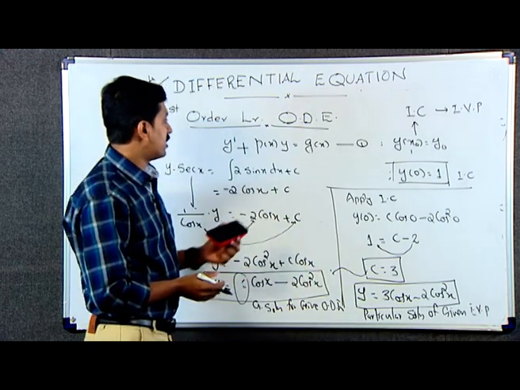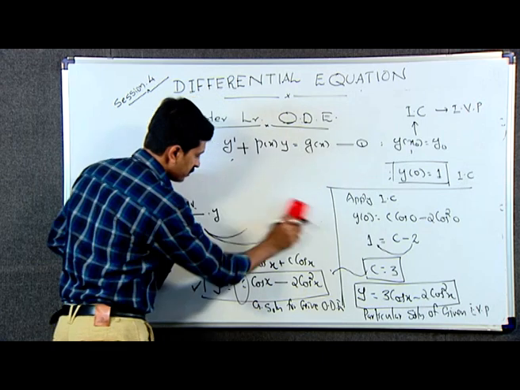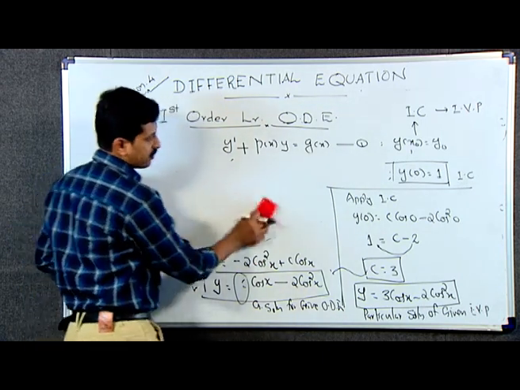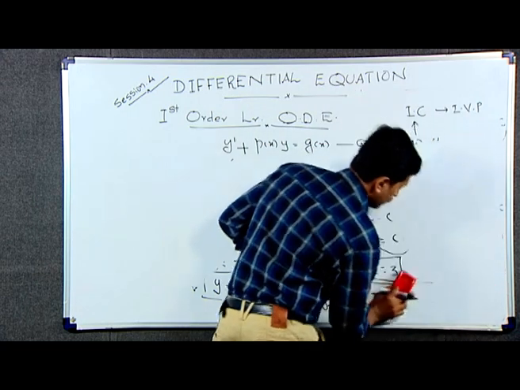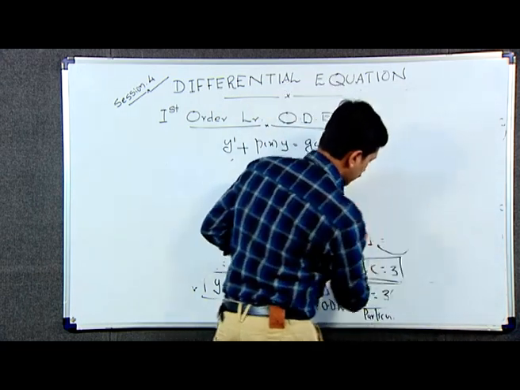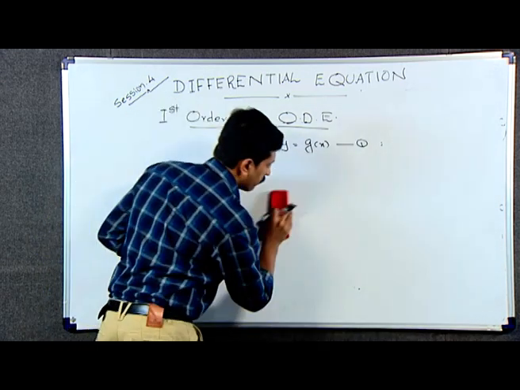Now we can move to one more question on the initial value problem. Come to the fourth question, Example 4.